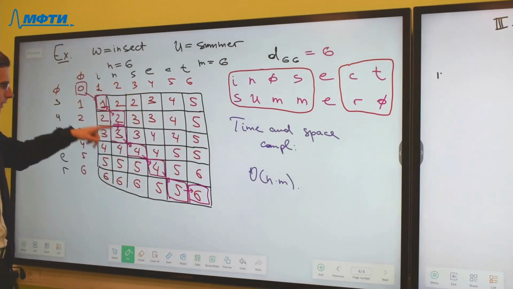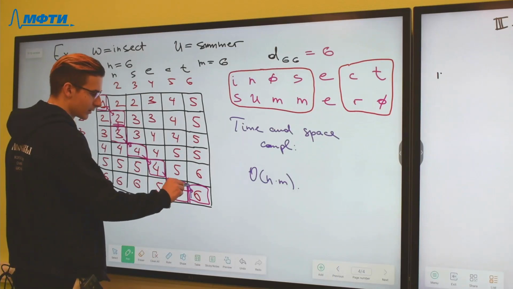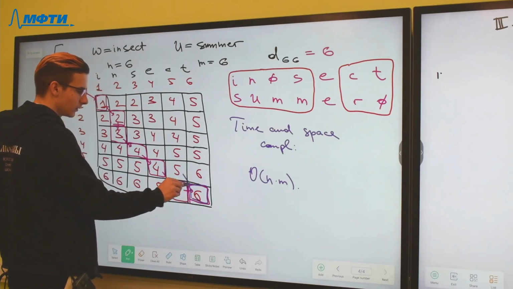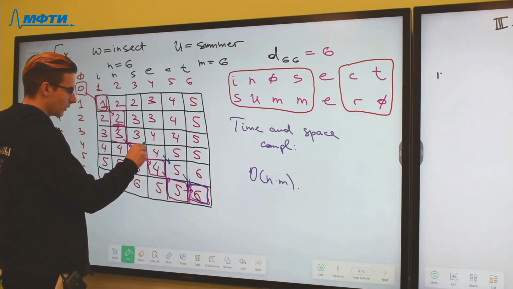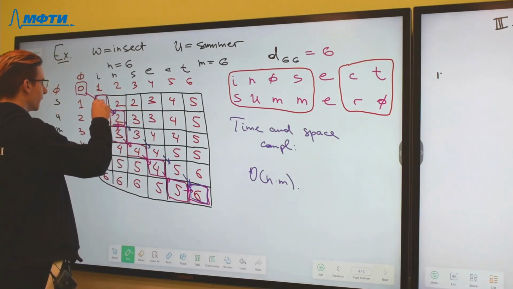For example, in this picture, we can find another way to this cell. For example, this way.